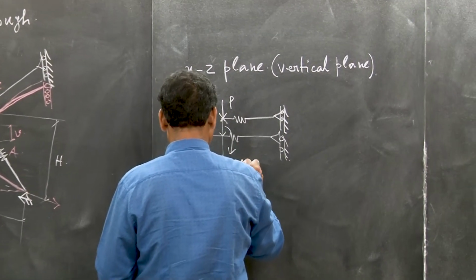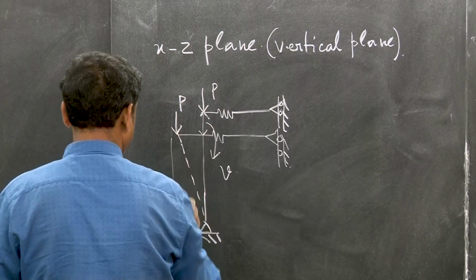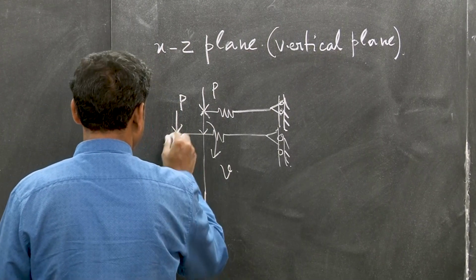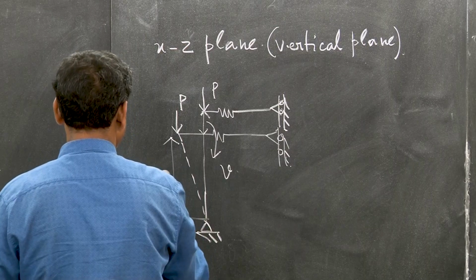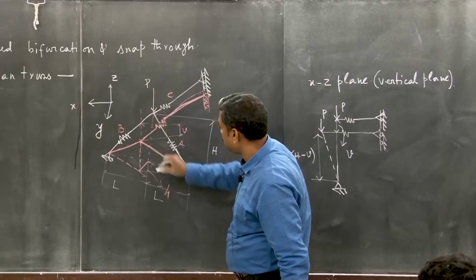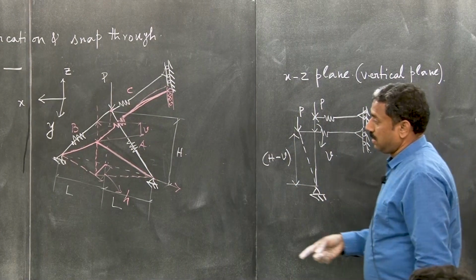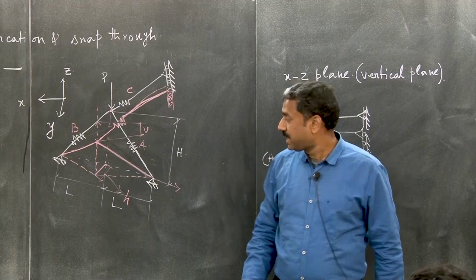So if this is V, then this distance is how much? Capital H minus V, because this distance was H, right? Are you visualizing the system correctly?